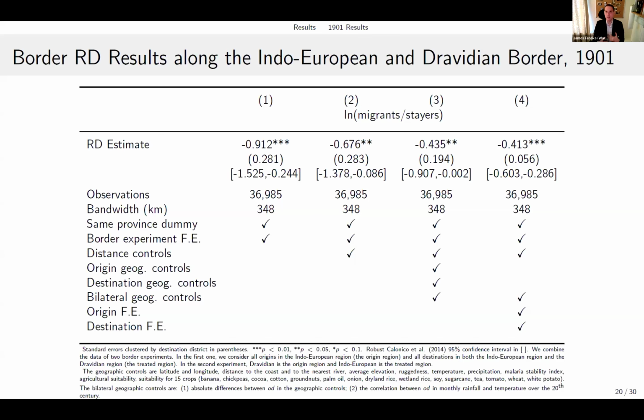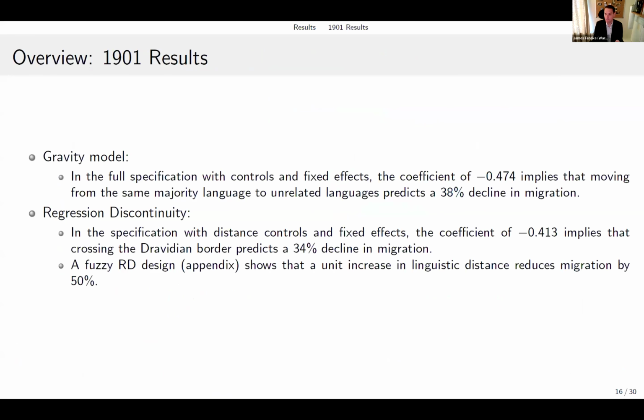And so again, the coefficient is going to get smaller if we add more measures of how dissimilar districts are, but it's going to settle down in the full specification with controls and fixed effects to a number that, in meaning, is again very similar. The ITT effect here is similar to the coefficient that we get when looking in the gravity model.